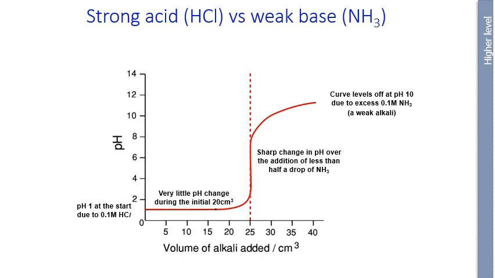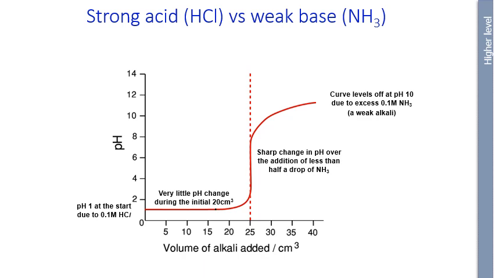Then we consider the strong acid against a weak base like ammonia. Just like in the strong acid, strong base titration, there is very little pH change during the initial 20 centimeters cubed of ammonia being added. Then again there's a sharp change in pH over the addition of less than half a drop of ammonia, just like we had in the previous example.